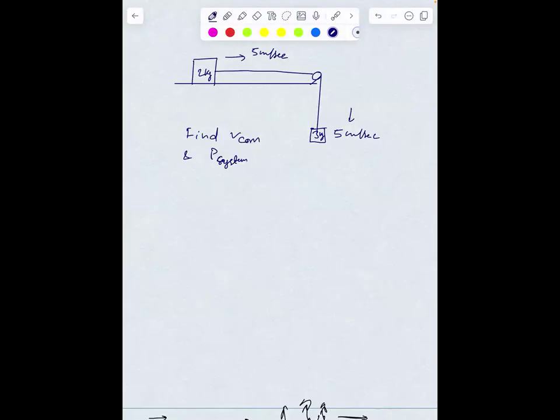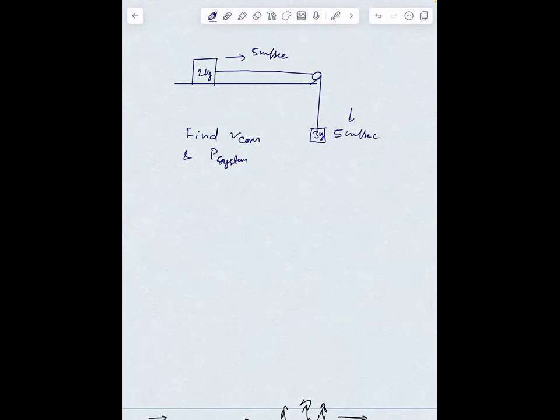Is that what you calculated, V center of mass or momentum of the system? Sir, momentum of the system. Okay, can you calculate V center of mass? Yes, sir. V center of mass will be 10 I cap plus 15 J cap divided by 5, so 2 I cap plus 3 J cap.